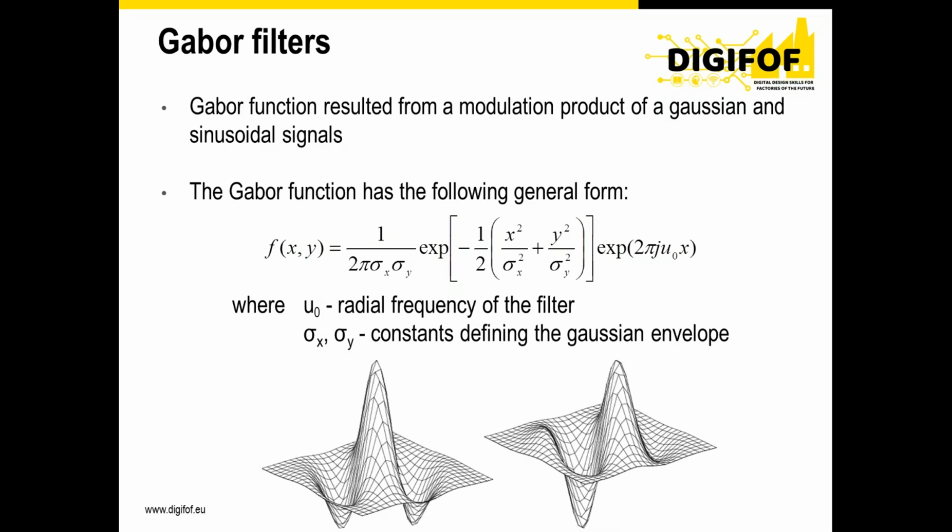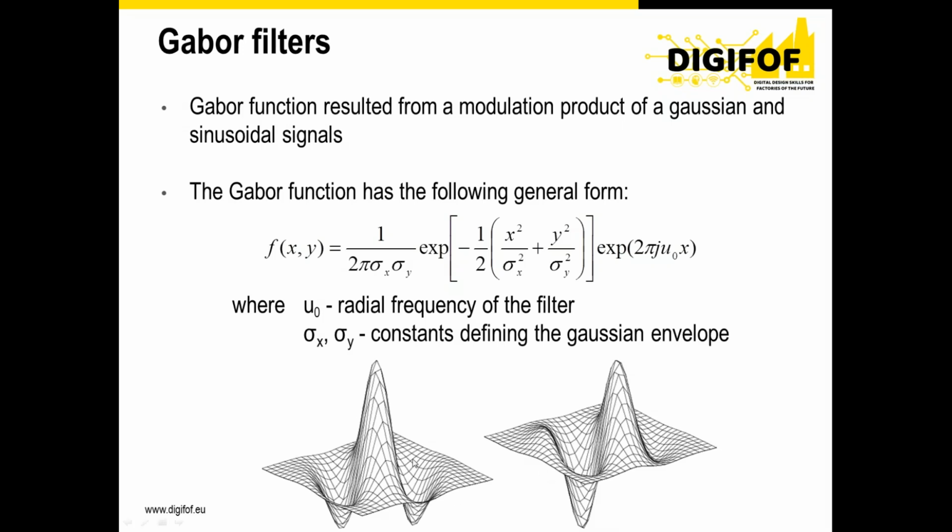But we have here two constants that are of interest for us. The first one is the frequency, and the other one is the spatial orientation, because this function could be rotated and positioned in any orientation. So the basic idea in using these functions is to try to match them with the texton.